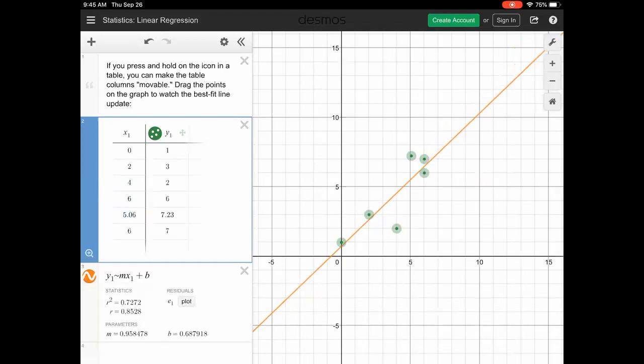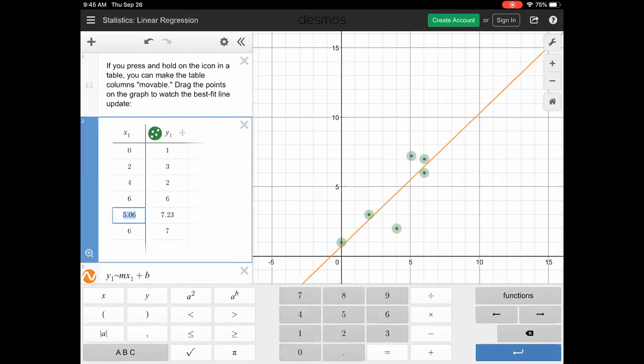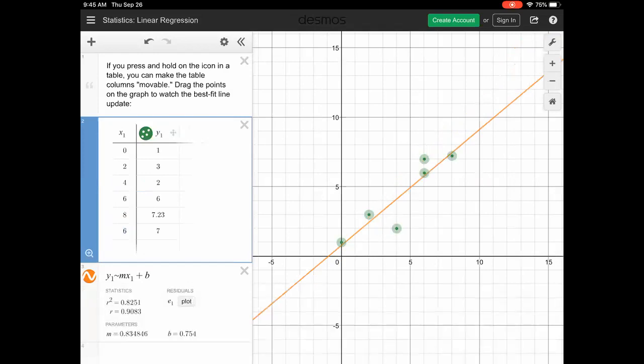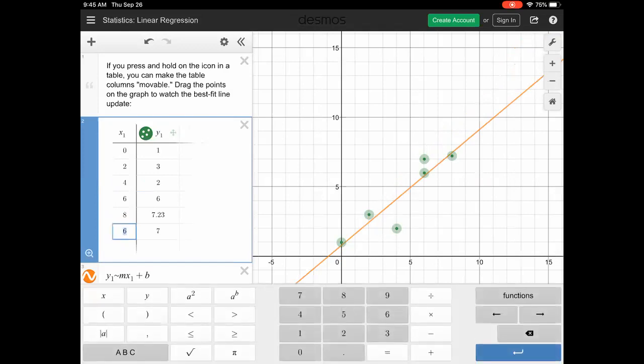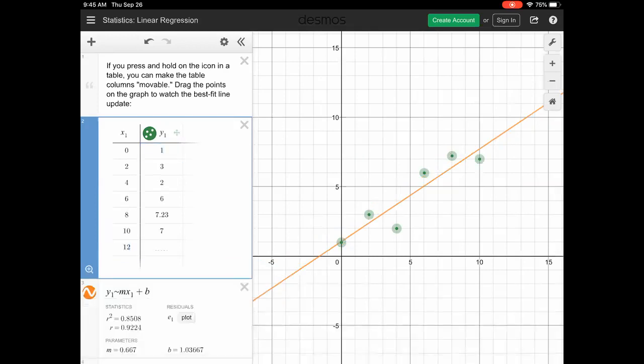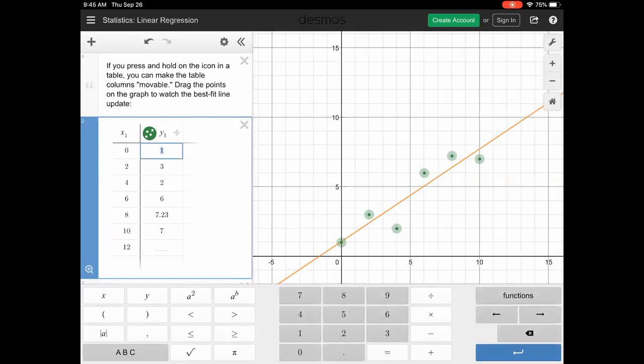So finicky. 6, 8. 10 and 12. 64 for the y, right?